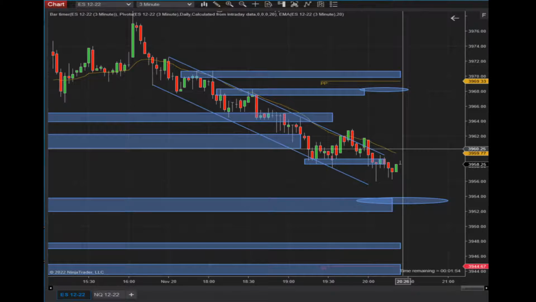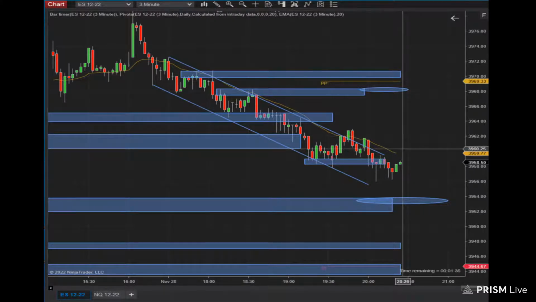So again, when I get into a trade, I take profits at one point. Okay, so the stop loss is 2 points, 8 ticks. The profit is 4 ticks.